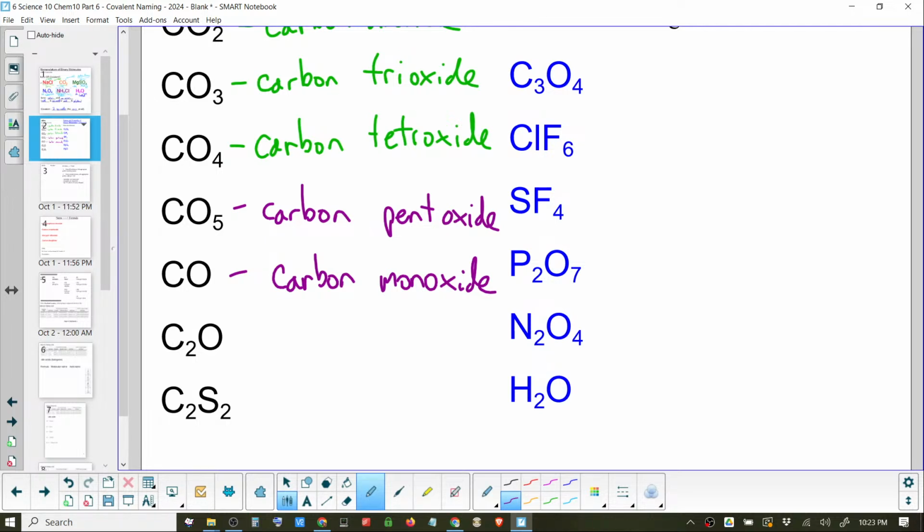So nobody, for example, would write carbon monoxide with two O's. Whenever we have a pairing like that, we just drop the other O to make it just sound better. C2O, dicarbon monoxide.